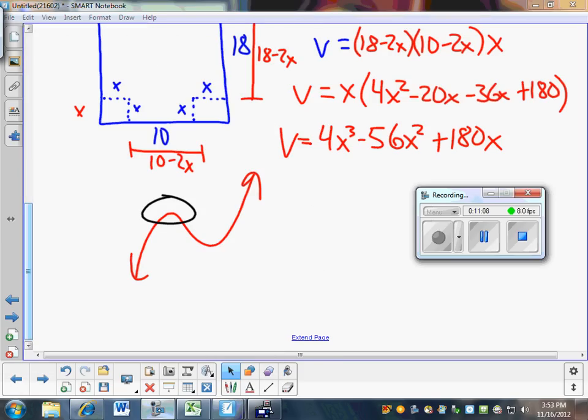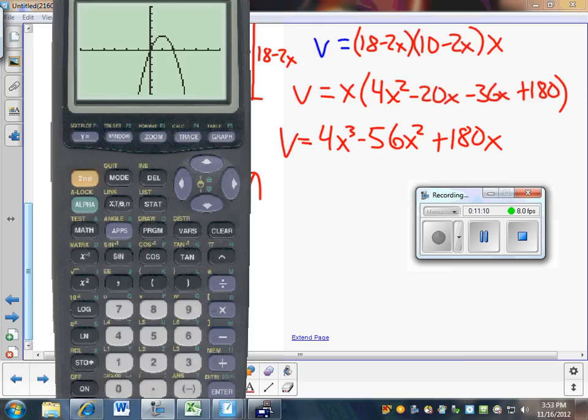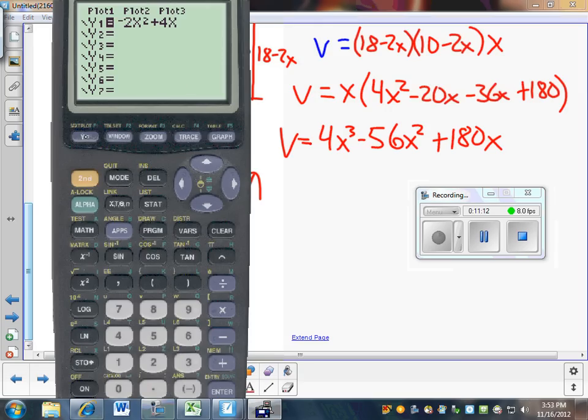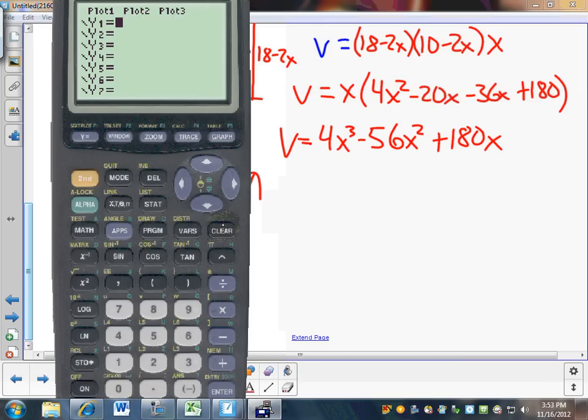Let me pause the video. Okay, there, it's on. Let's see if this works. Okay, going to y equals. And we got 4x to the third minus 56x squared plus 180x.